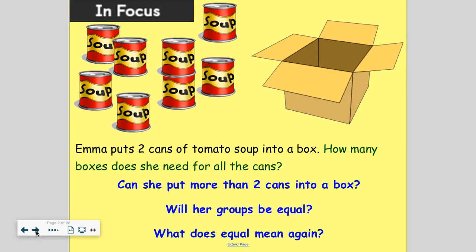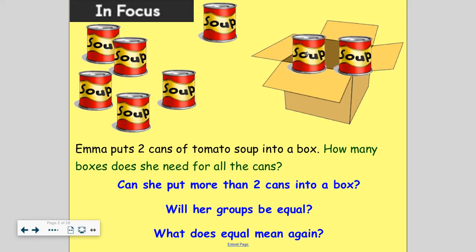Our In Focus task says, Emma puts 2 cans of tomato soup into a box. How many boxes does she need for all of the cans of soup? I wonder if you can discuss this with somebody at home, and think about these questions as you do.